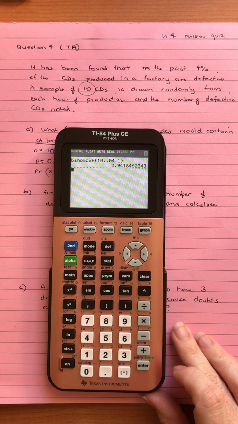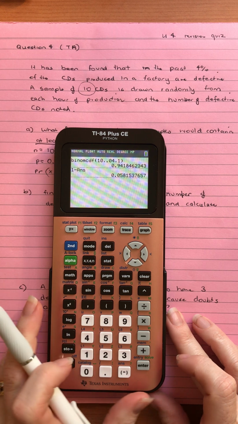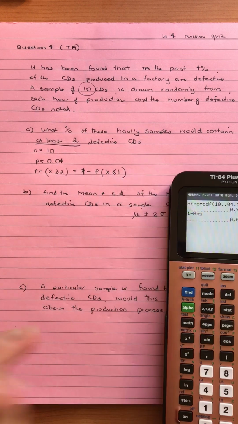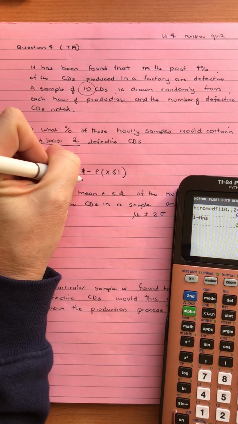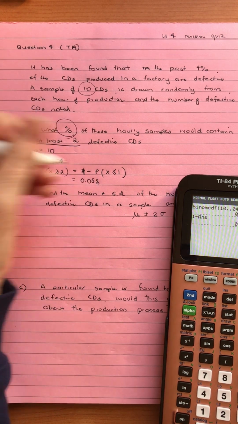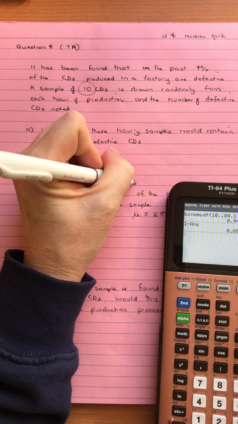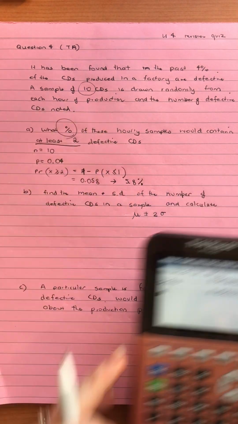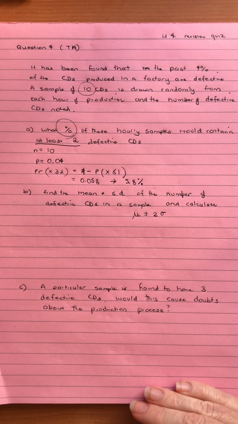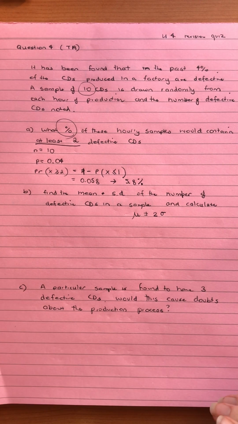Remembering that we need to do 1 take away that, we get 0.058 for that answer. Now it's asked for a percentage, so we change that to 5.8%. So about 5.8% of those samples would contain at least 2 defective CDs.